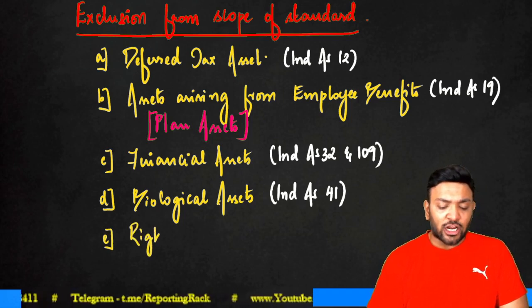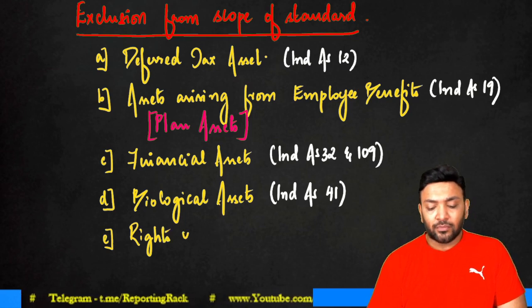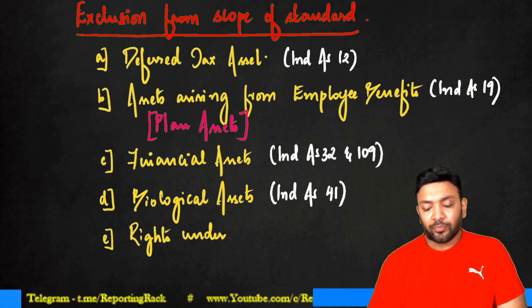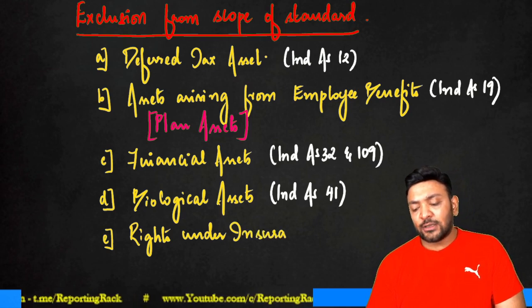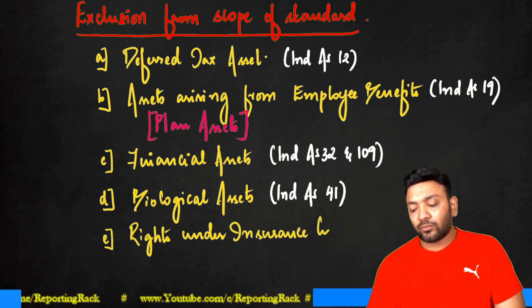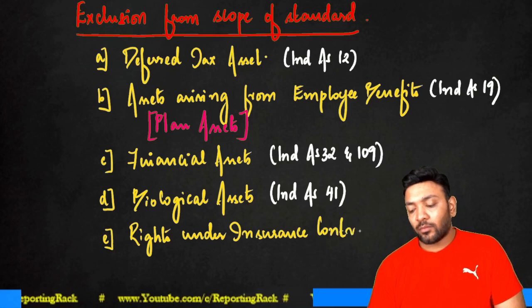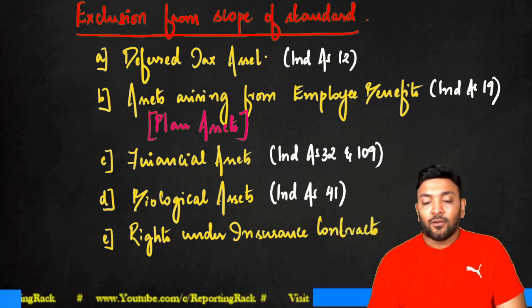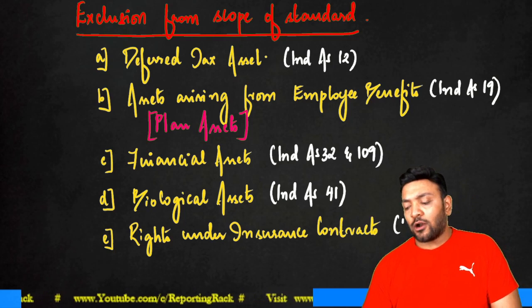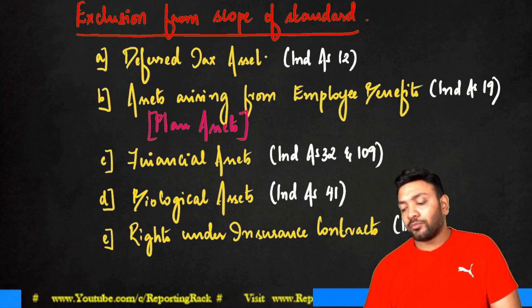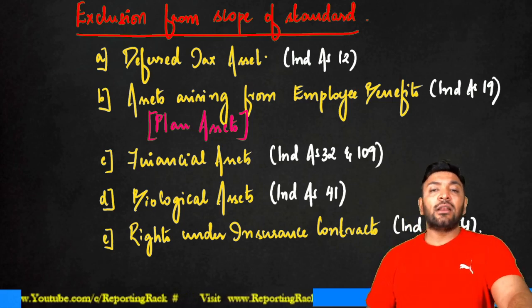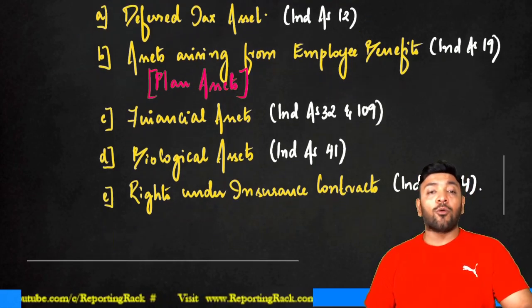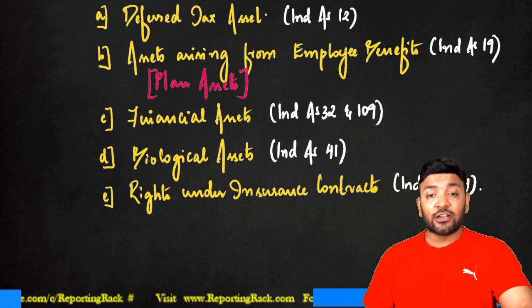Rights under insurance contracts. A separate standard deals with it, which is your Ind AS 104. This standard specifically deals with it, so I can exclude it from the scope of your Ind AS 105.